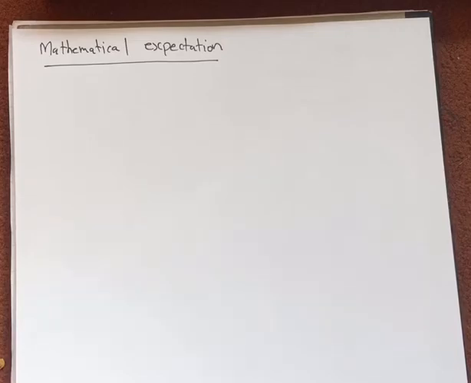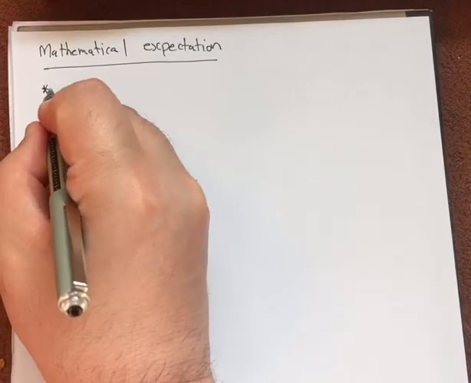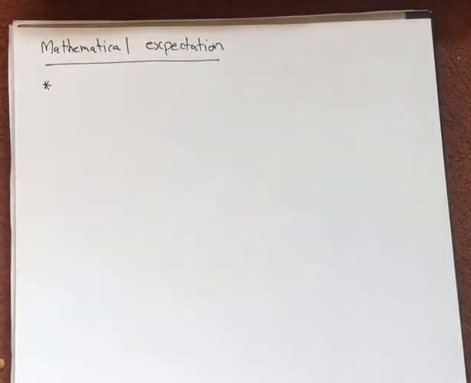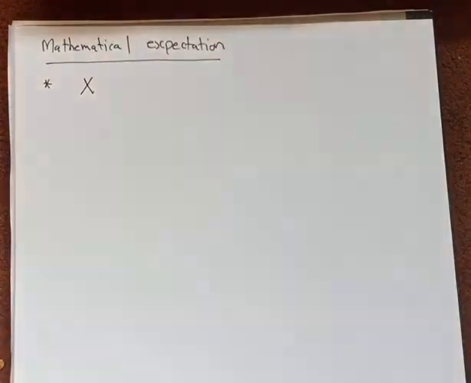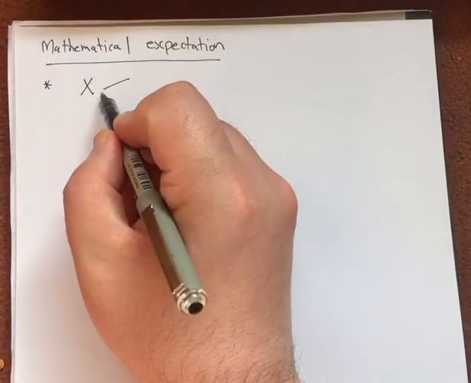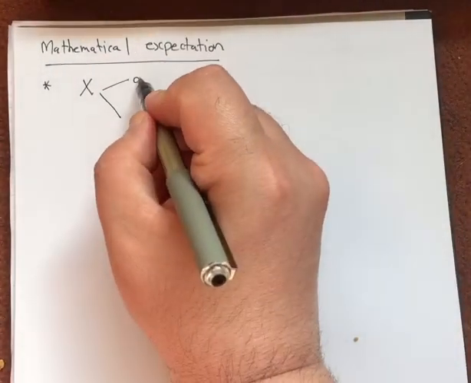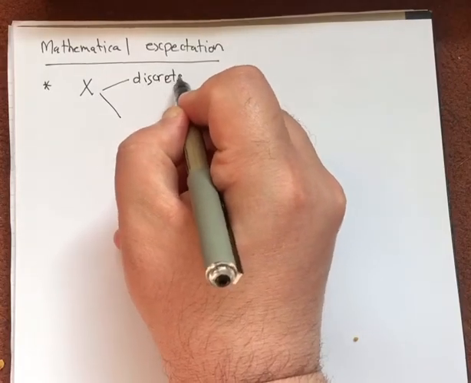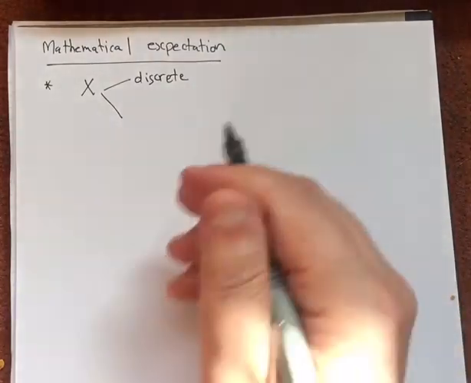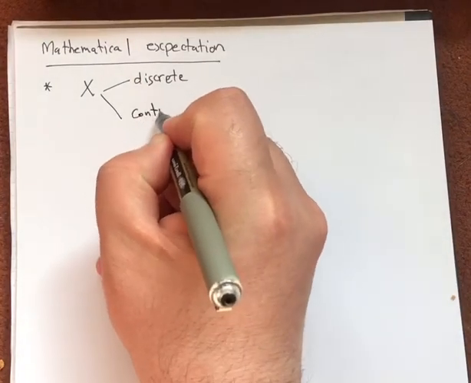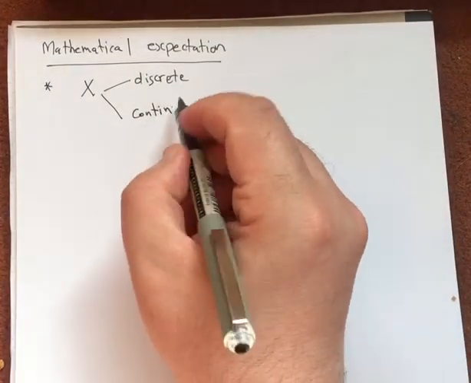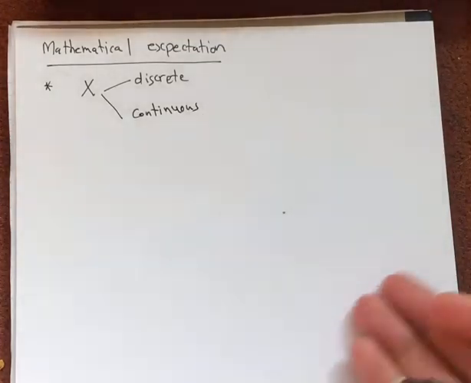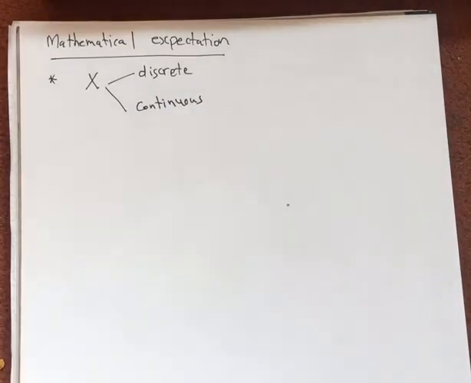Suppose we have a single random variable, let's say the random variable is X, and this random variable can be either a discrete random variable or a continuous random variable. Now we will explain both cases here.